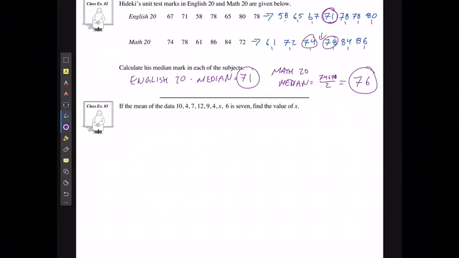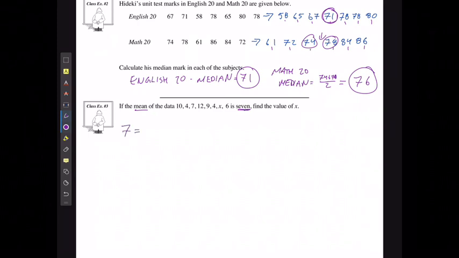For example 3, it says if the mean or the average of the data 10, 4, 7, 12, 9, 4, x, 6 is 7, then find the value of x. Well, if mu is equal to the sum of all the numbers divided by how many there are, then in this case, I'm given mu. Mu is going to equal 7.